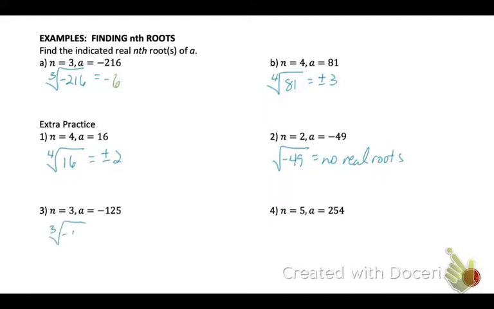Number 3, the 3rd root of negative 125. Well, if we multiply negative 5 by itself 3 times, we will get negative 125, and that's our only answer there. And then finally, the 5th root of 254, we're going to estimate that on our calculator, and it will be approximately 3.03.